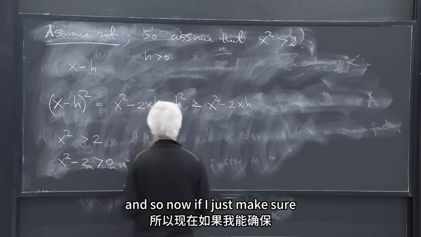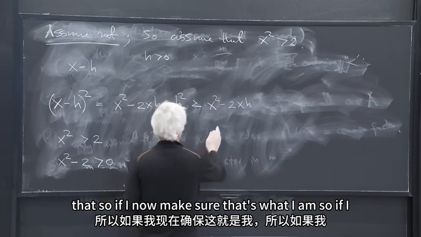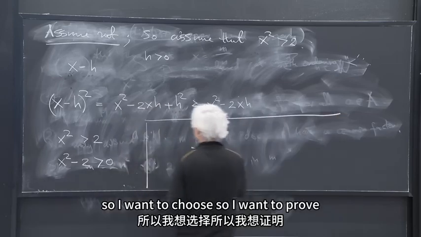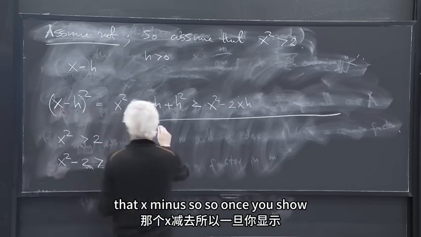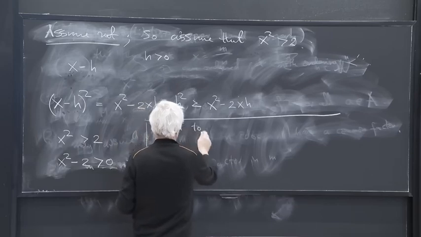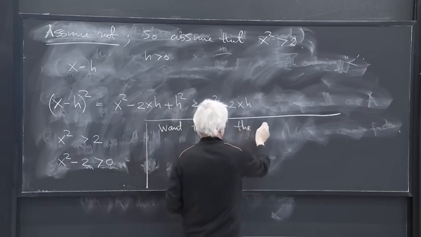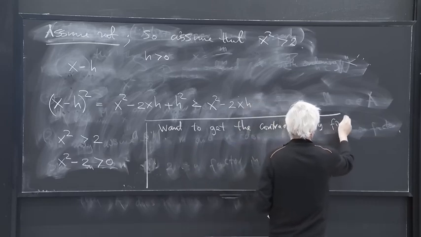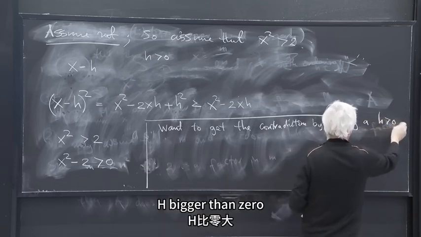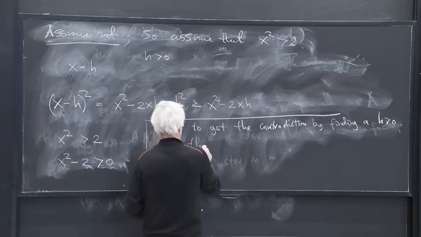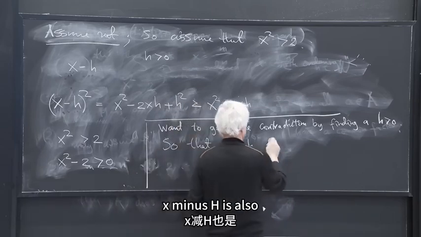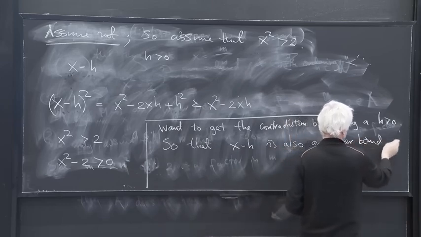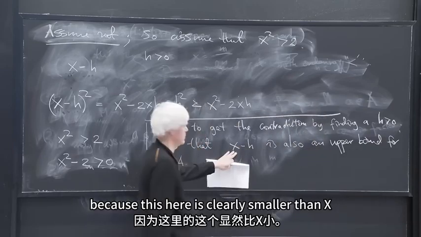And so now I'm going to choose... I want to get the contradiction by finding h bigger than 0, so that x minus h is also an upper bound for A. Because this here is clearly smaller than x, right?